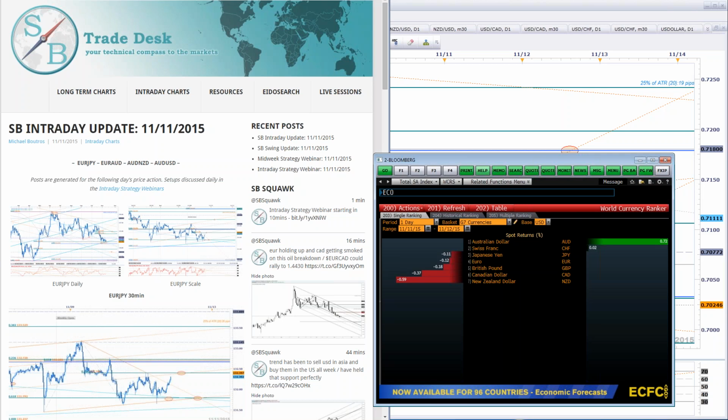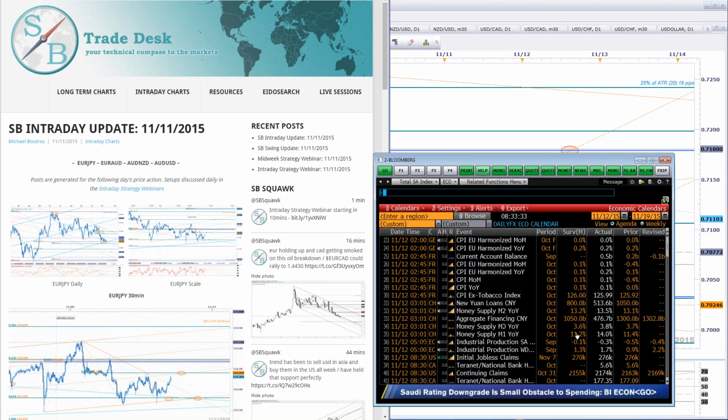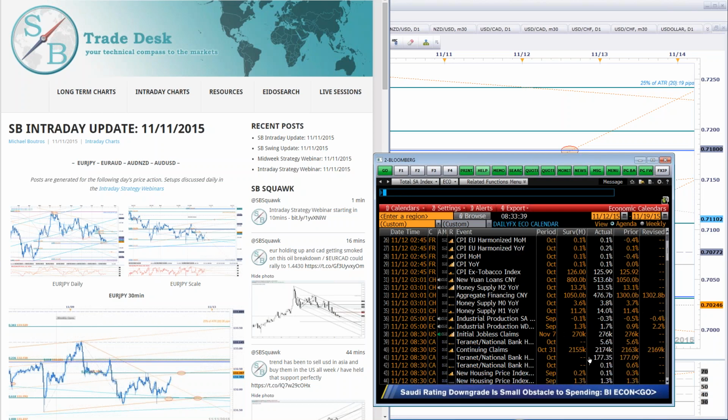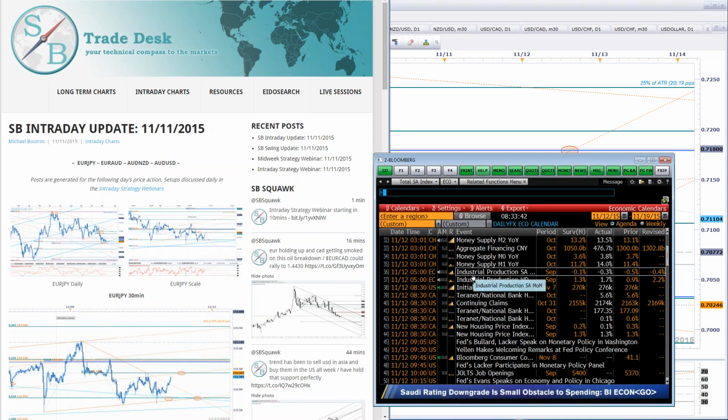As far as the economic docket was concerned, here's the data prints. You got CPI out of Germany, which came out right in line with expectations across the board, so that wasn't an issue. Industrial production numbers out of the Eurozone was the other event risk, slightly weaker than expected on the month-on-month. Year-on-year coming out slightly stronger than expected.